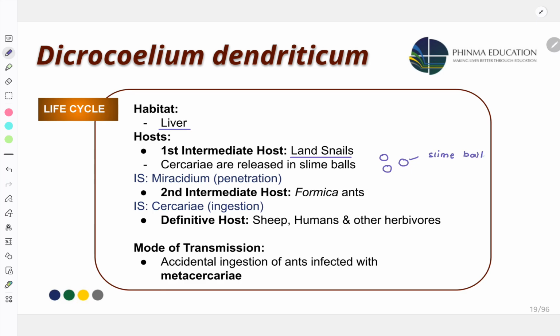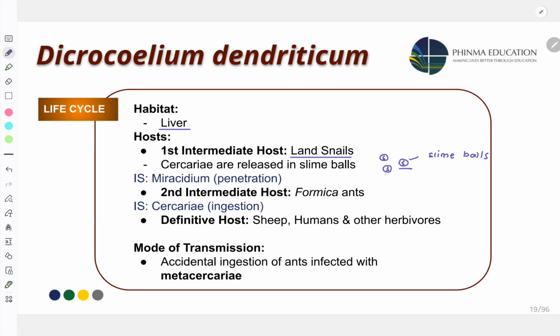Slime balls. So basically, mura niya siya kung sa tao pa, the cercariae man good is irritating for the snail, no? So basically, i-cough up nila ang cercariae. Tas diri nimo na makit-an ang cercariae. If you put this in human terms, mura na siya plema sa tao.